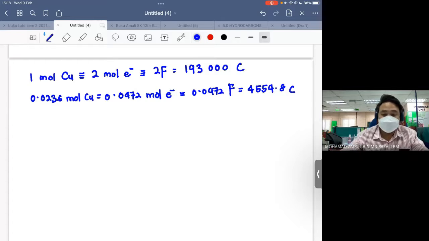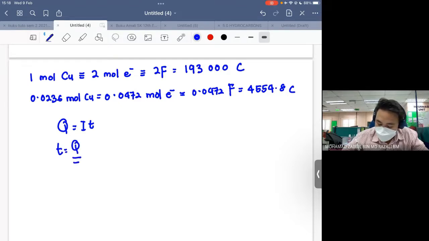Okay, so dah dapat charge tu, kita boleh cari dia punya time. So because we know that the Q is equal to IT. Okay, tapi kita ingat time yang awak dapat ni adalah time in second. So the time is equal to charge over current.